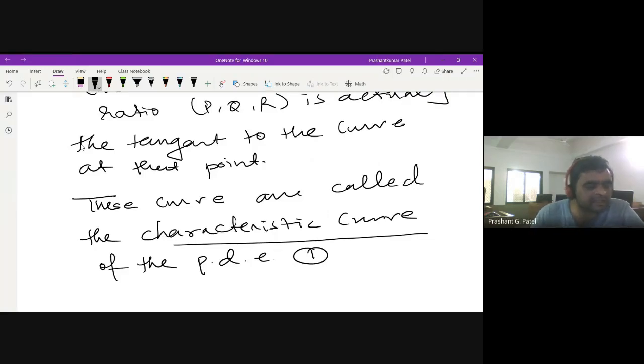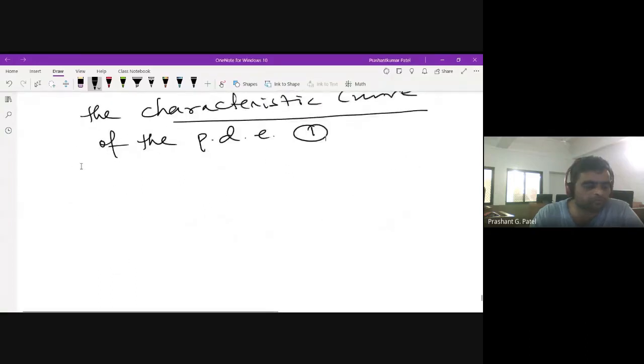And we'll discuss more about these characteristic curves later on when we are discussing other types of partial differential equations.